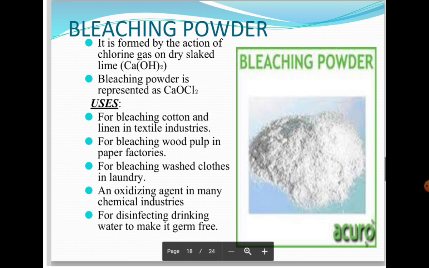Bleaching powder is used for bleaching cotton in textile industries, for bleaching wood pulp in paper factories, for bleaching washed clothes in laundry, as an oxidizing agent in chemical industries, and for disinfecting drinking water to make it germ free. These are the uses of bleaching powder.